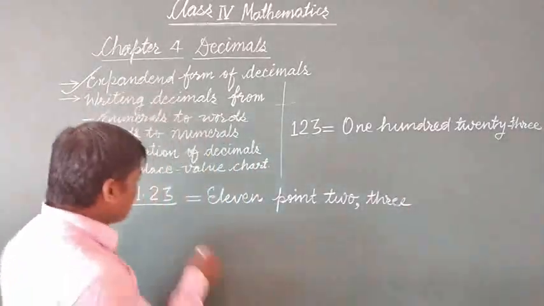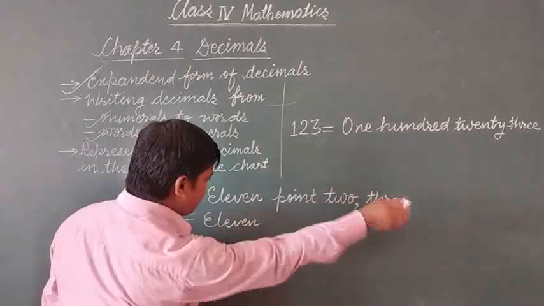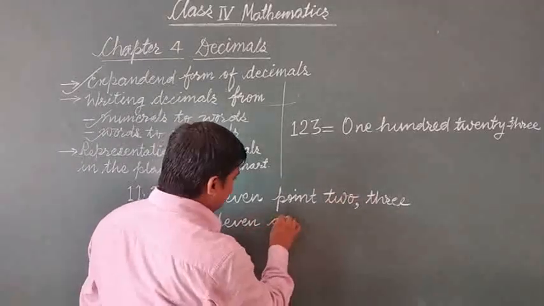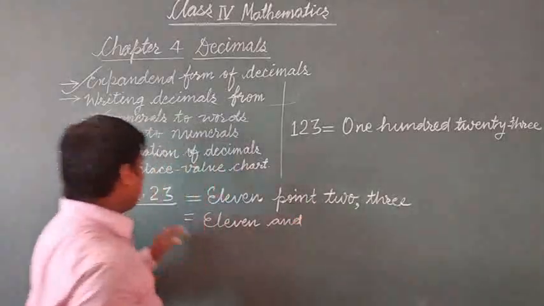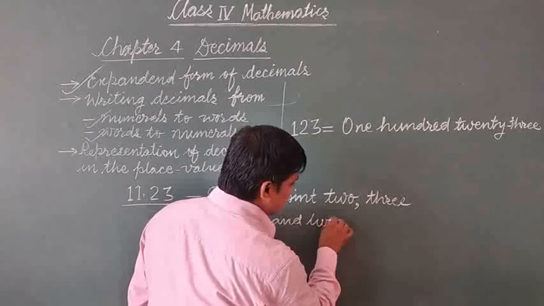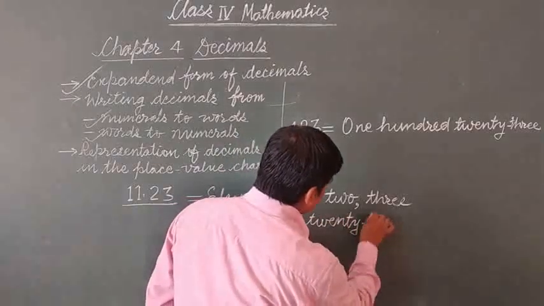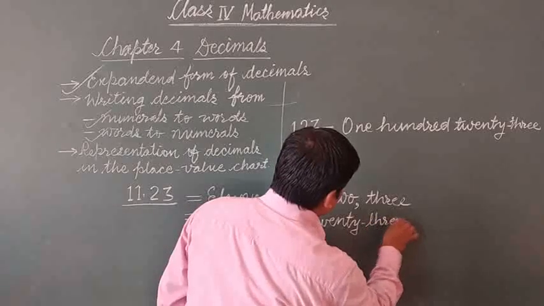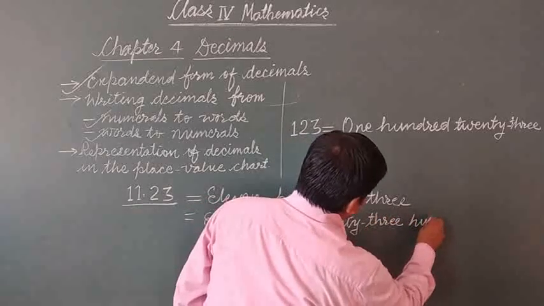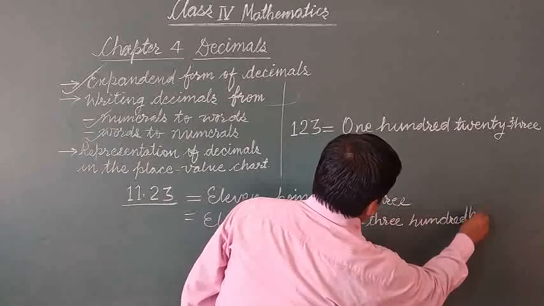Or you can also write it as 11 and 23 hundredths.